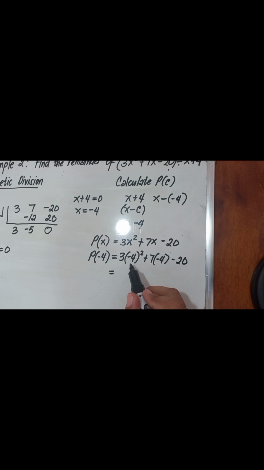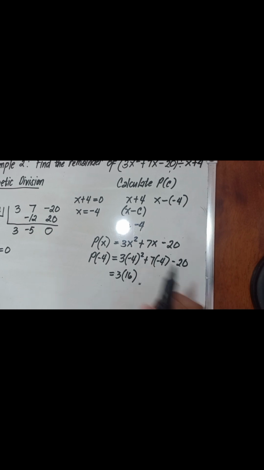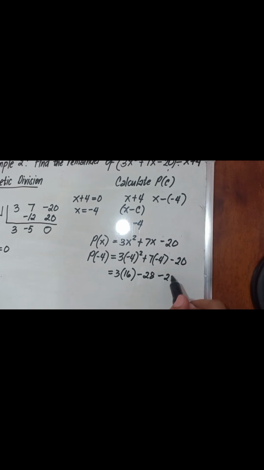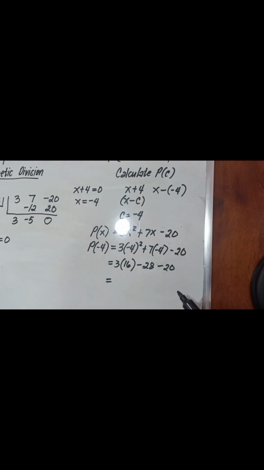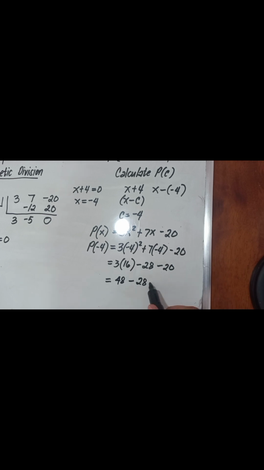Follow PEMDAS. So negative 4 squared is positive 16. So that is 3 times 16. And then 7 times negative 4 is negative 28. And then negative 20. Next, 3 times 16 is 48, minus 28, minus 20.